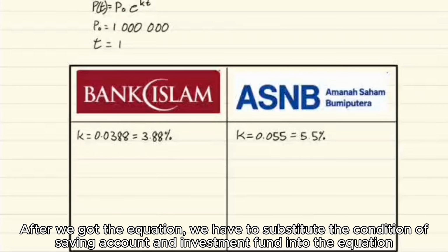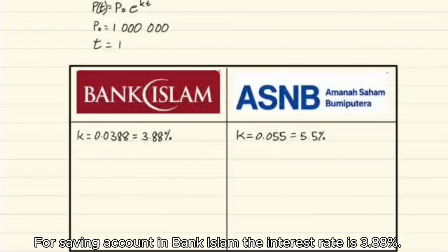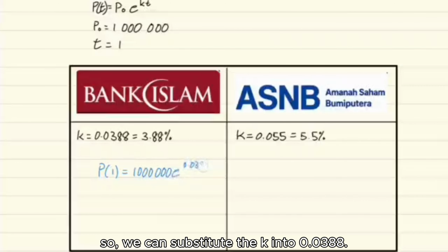After we got the equation, we have to substitute the conditions of the saving account and investment fund into the equation, where P naught is 1 million and t is 1 year. For the saving account in Bank Islam, the interest rate is 3.88%, so we can substitute k with 0.0388.